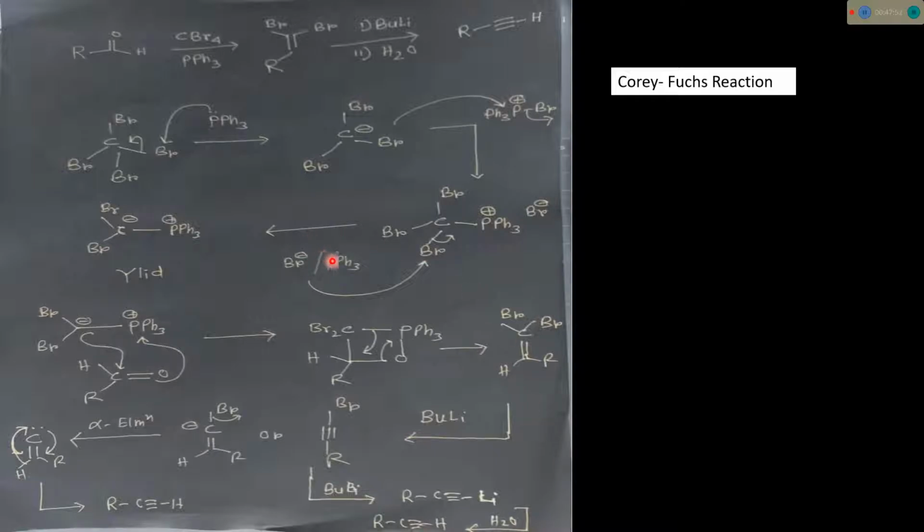From an aldehyde we get a terminal alkyne using CBr4, triphenylphosphine, then butyl lithium, and workup.